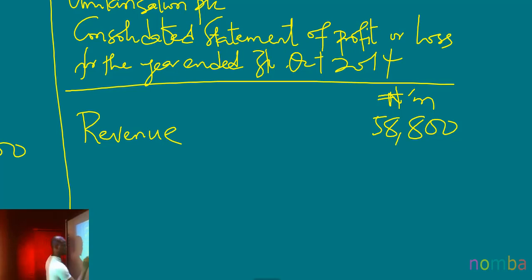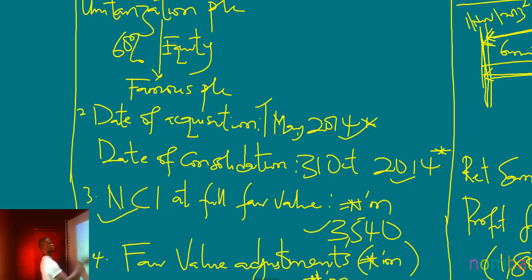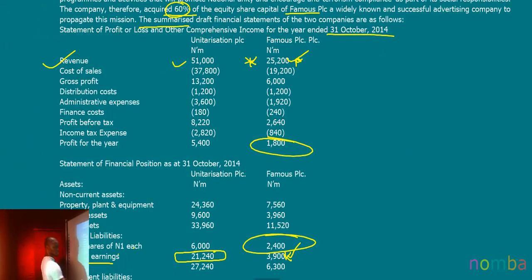Okay, the next figure will be the cost of sales. So let's go to the question so that we can extract the figures. For the cost of sales, Unitarization was 37,800 and Famous was 19,200.